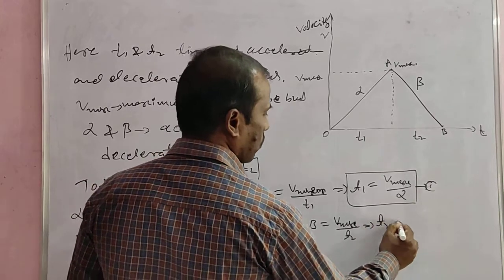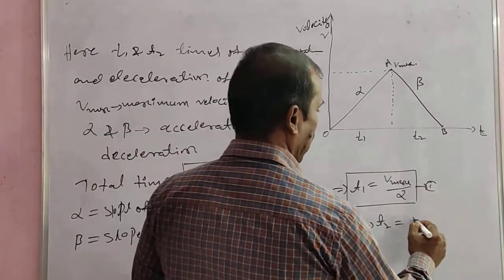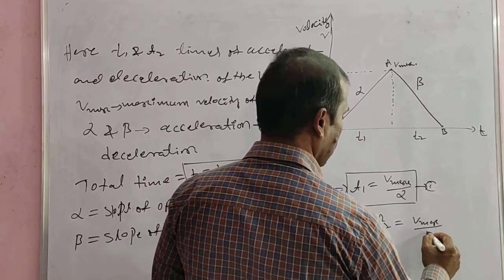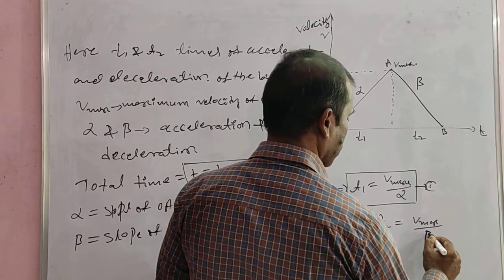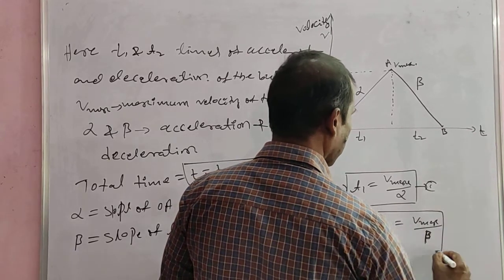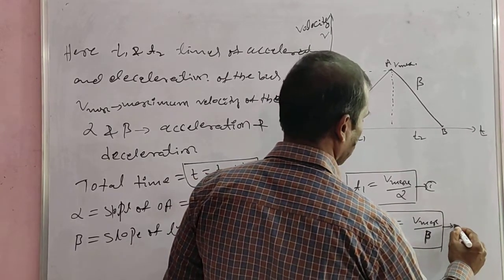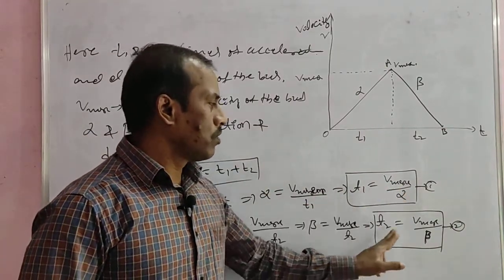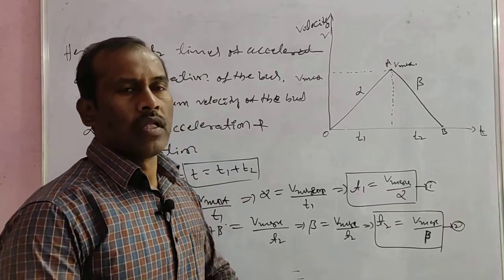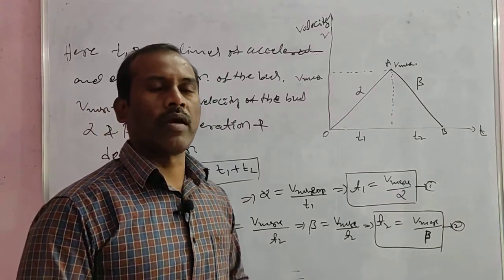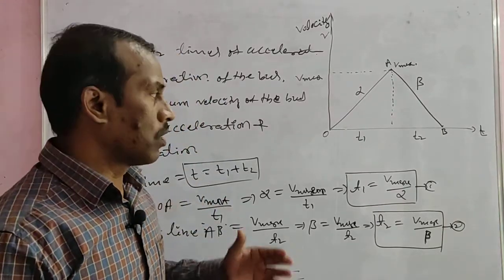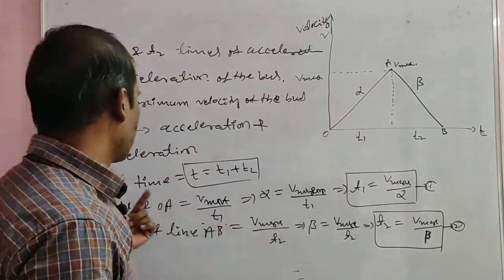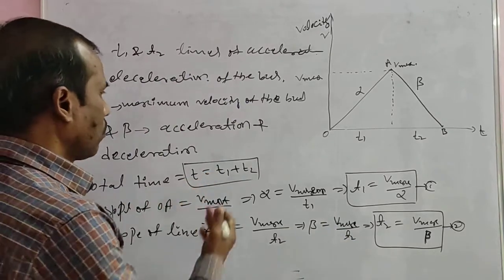That is, T2 is equal to maximum velocity by beta. This is equation 2. So T1 is equal to maximum velocity by alpha, and T2 is equal to maximum velocity by beta. So the total time of the journey in the bus is T equal to T1 plus T2. Note this one first of all.